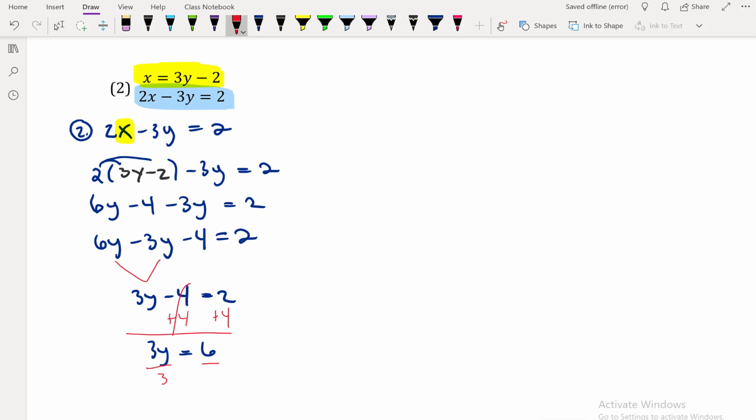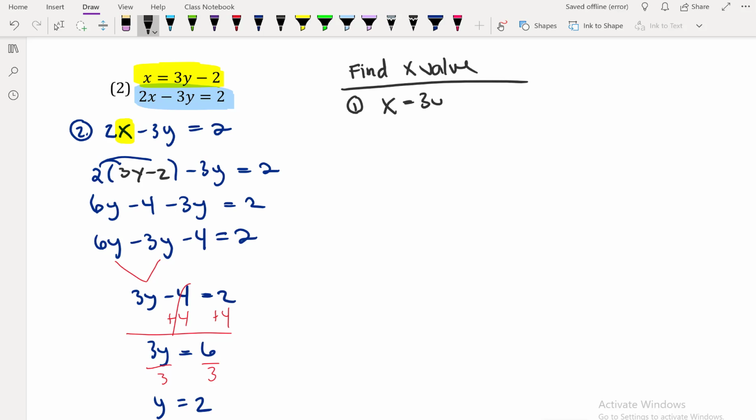Now I'm going to divide both sides by a positive 3 to give me that y is equal to a positive 2. So now that I have my y value, I'm going to use that to get my x value. From that first equation, we had x is equal to 3y minus 2, and what we had found was that y was equal to 2.